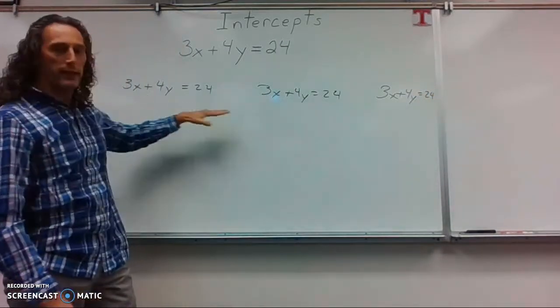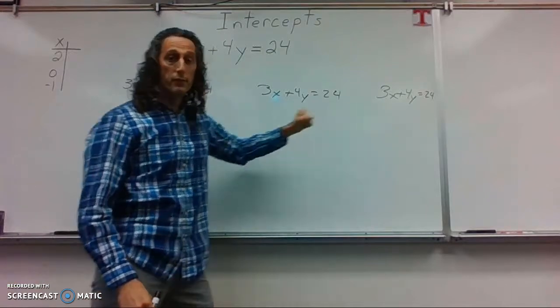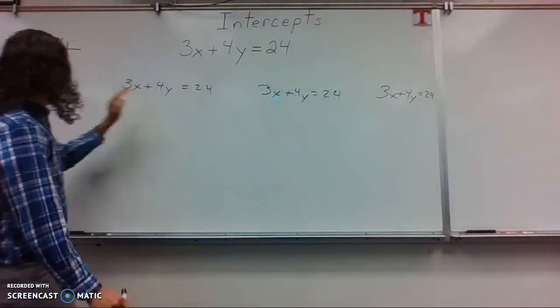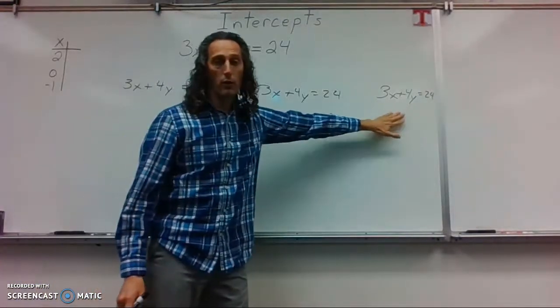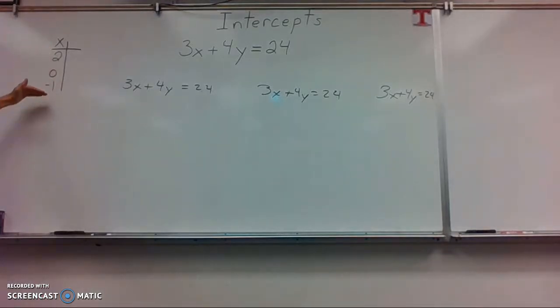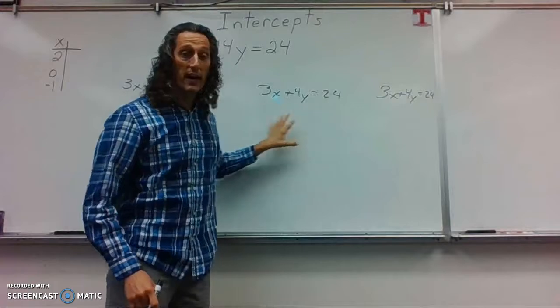And I'd have 3 different problems I'd have to do. I'd have to use the 2 in this one, 0 in this one, and negative 1 over here. So I have to work this out 3 times. If they give me a table that has 5 x's, then I have to write this out 5 times.